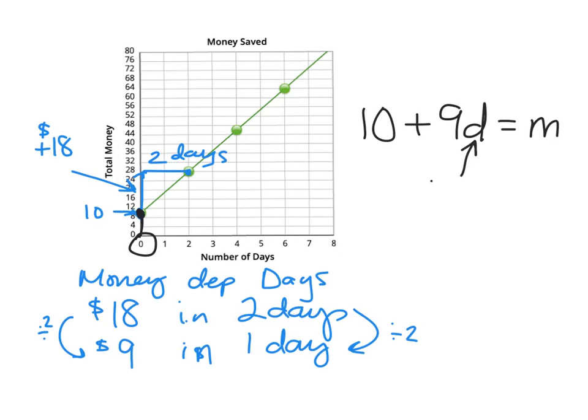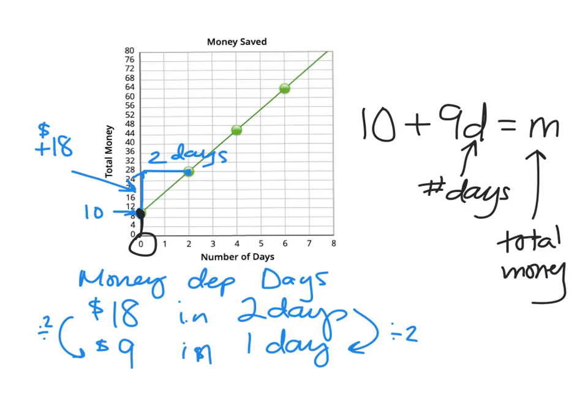So D is the number of days. M is total money. Nine is our unit rate. And 10 is our initial value. And that would be our equation.